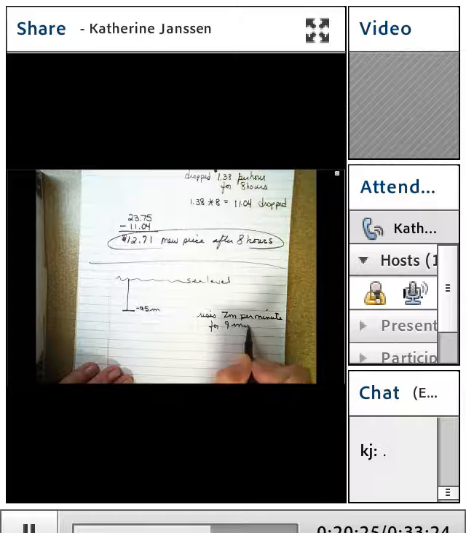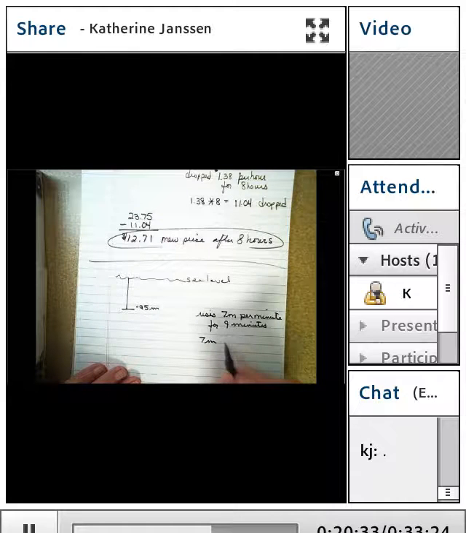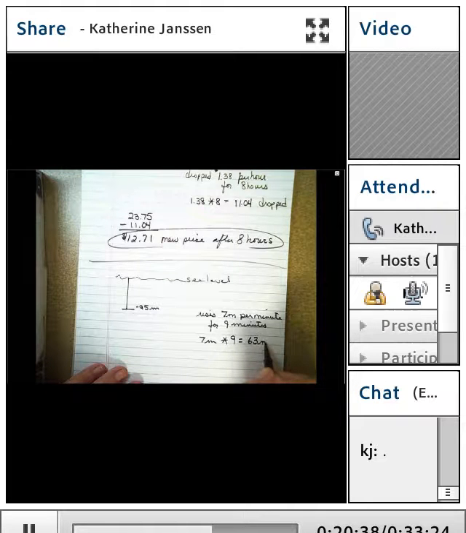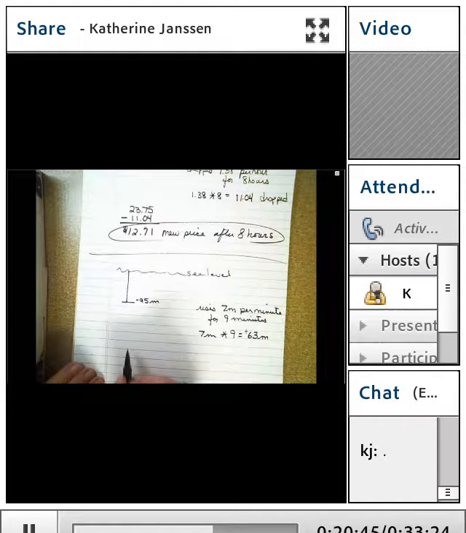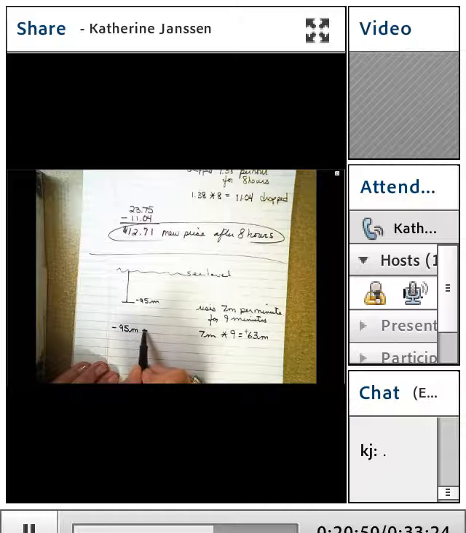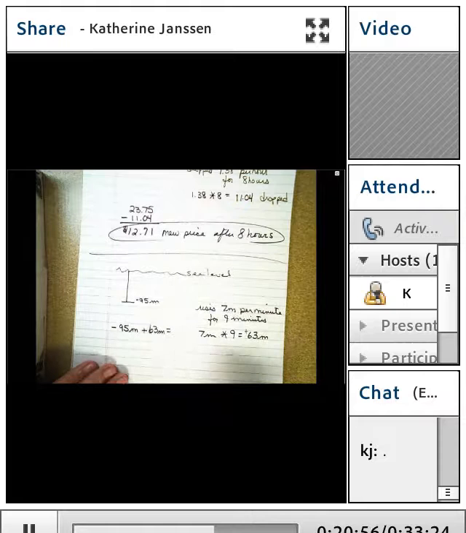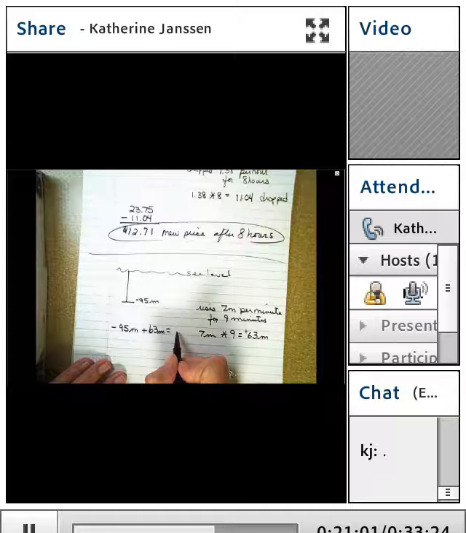So 7 meters per minute for 9 minutes, that's multiplication. I get 63 meters. So he rises, that's a positive 63 meters. The diver was at a negative 95 meters and is rising 63 meters. Where is he now? Well, 63 from 95 is 32 meters.